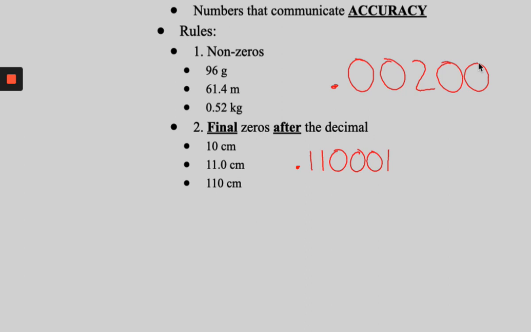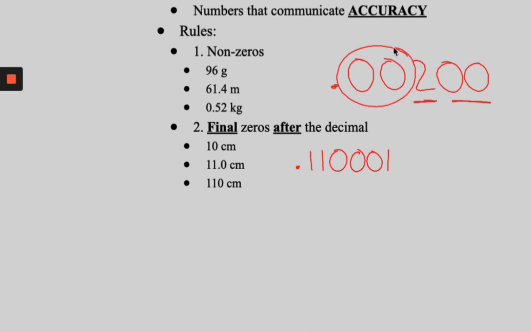We got 5. So, guys, let's talk about this because it's actually not 5. And it can't be 6. There's only 5 digits. So, yes, we know that the 2 counts, and then these are final zeros after the decimal, so those 3 digits count. Now, guys, check this out. These are not final zeros after the decimal.